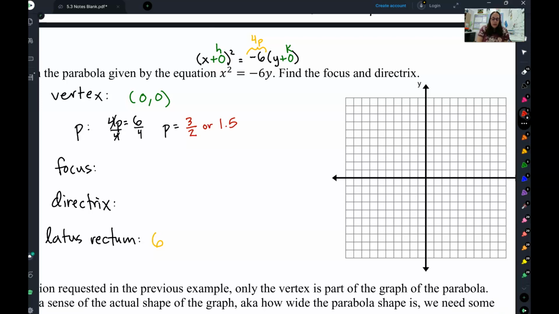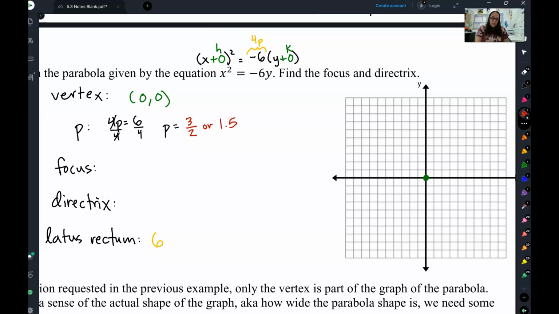Now I'm actually going to come over here and start to graph what I have already. I know my vertex is at 0, 0. I know my p is 1.5. Now, however, before I graph my p, I need to know if this is an up or down parabola or a side-to-side parabola. If it's an up or down, then I do p 1.5 up and p 1.5 down.